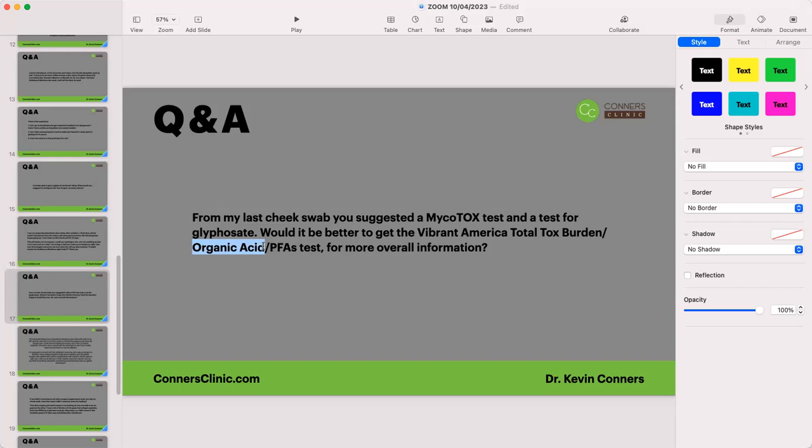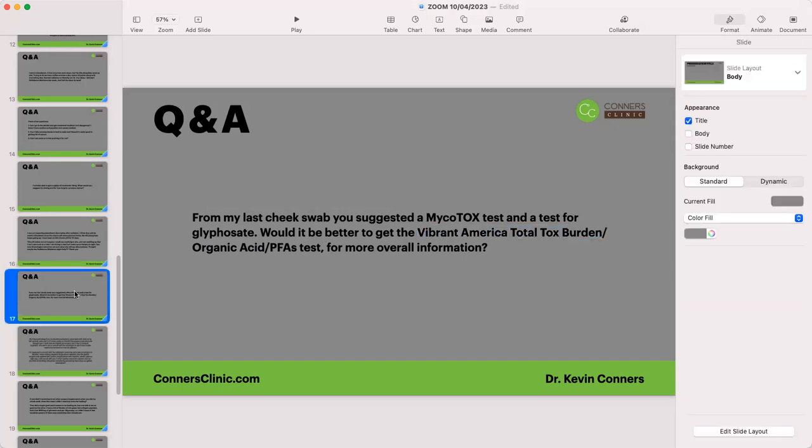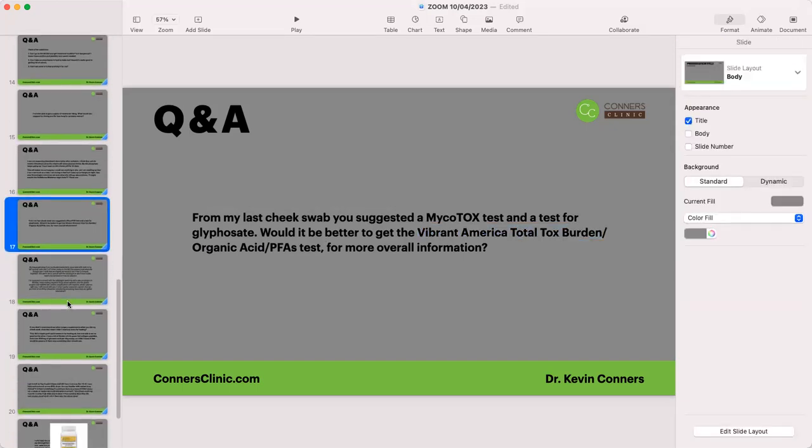I know there's a lot of functional doctors that hang their hat on organic acid testing, but I'm not one of them. I don't think it's a super valuable test. The total tox burden, I'm not sure about Vibrant America's total tox burden test. So sure, we've had people get other tests. If you want to get that test, you can do that for sure.